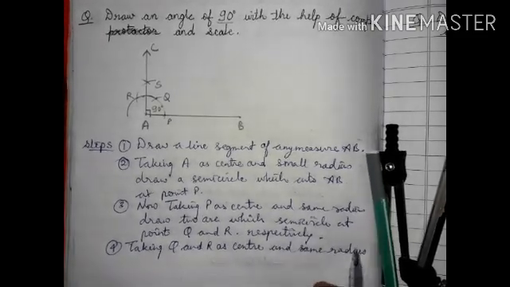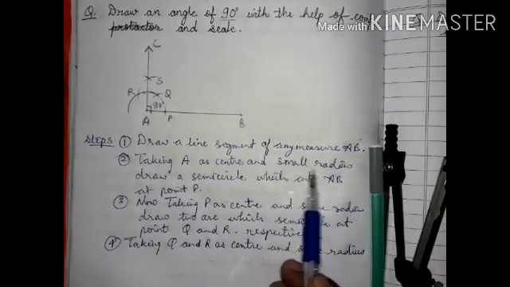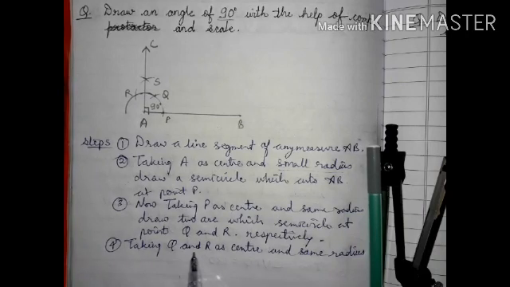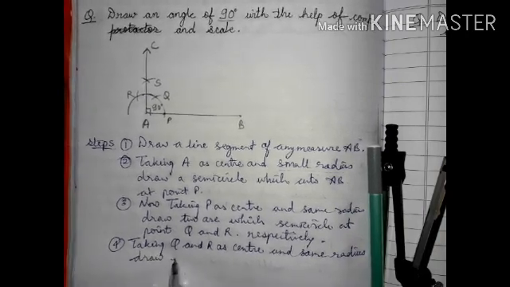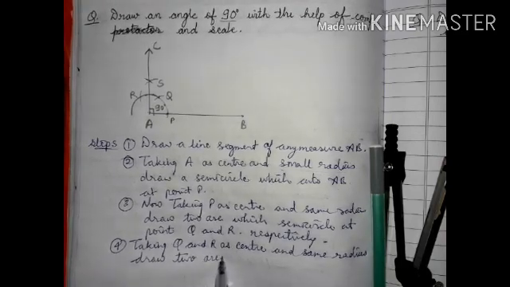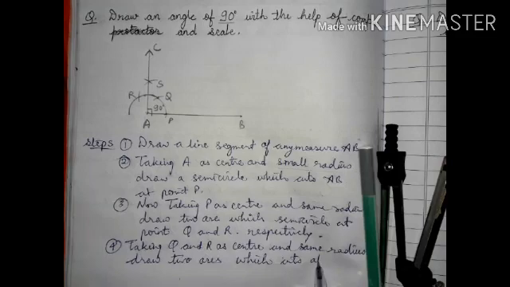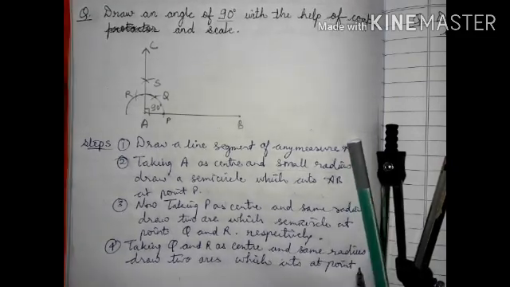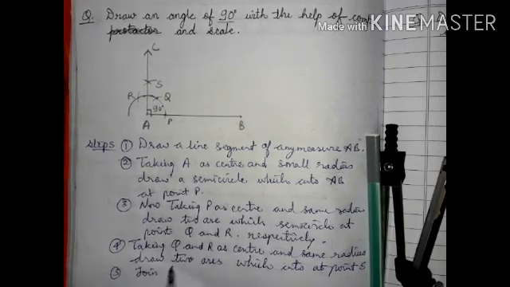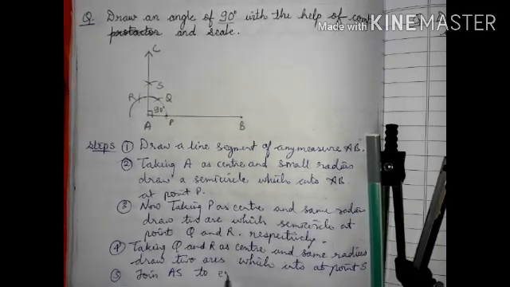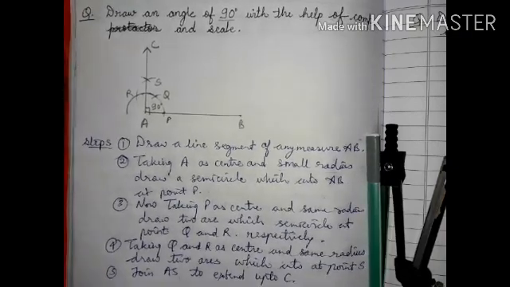No need to change the radius from start to end; only take one small radius. Taking Q and R as center and the same radius, draw two arcs which cut at point S. Now join AS and extend up to C.